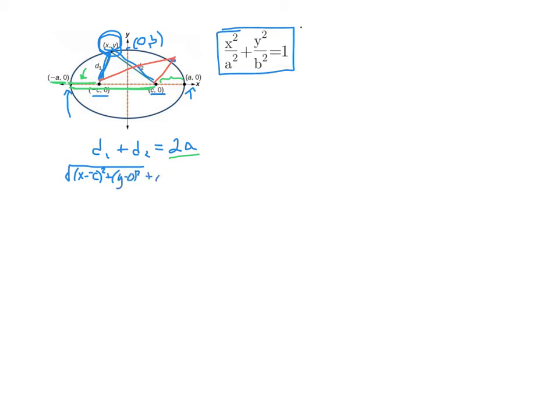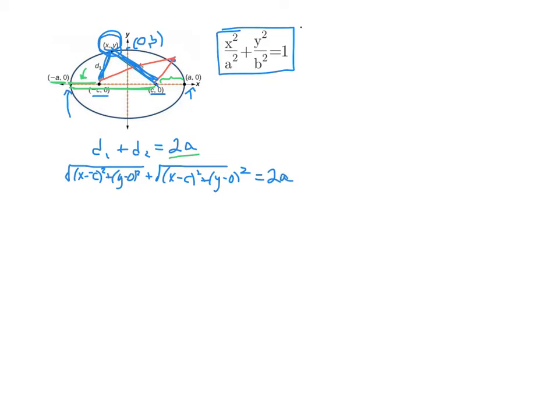All right, and then my d2, now I'm going to look at this distance right here. So that's going to be the square root of (x minus c) squared plus (y minus 0) squared. And so add those 2 together and we get 2a.